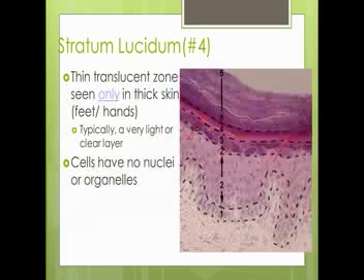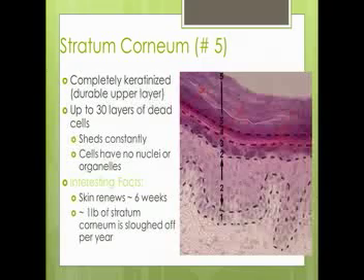Typically, it's a little bit lighter or a clearish region in comparison to the granulosum and this top layer, the stratum corneum, which we haven't talked about in detail yet. The cells, because they're dead in this layer, have no nuclei or visible organelles, or organelles in general. And then the last layer, the stratum corneum.